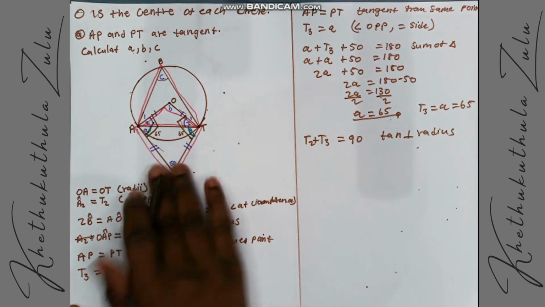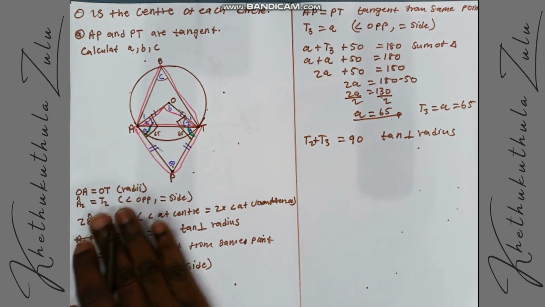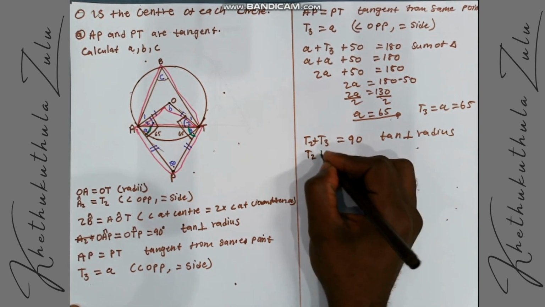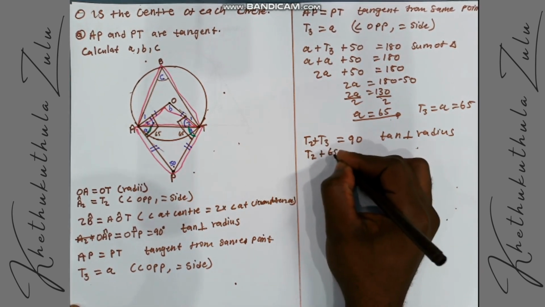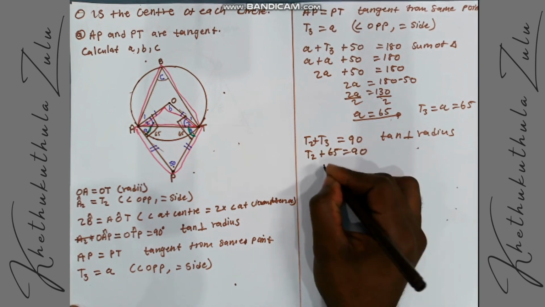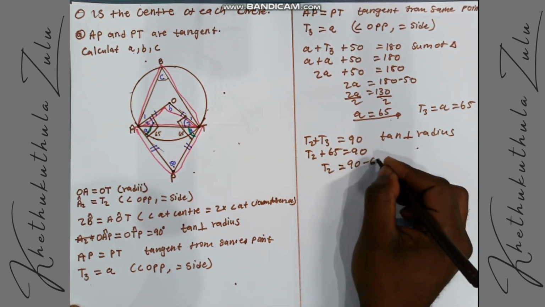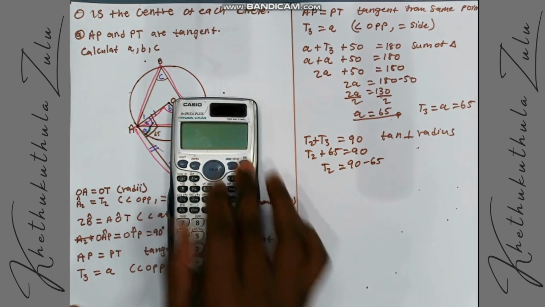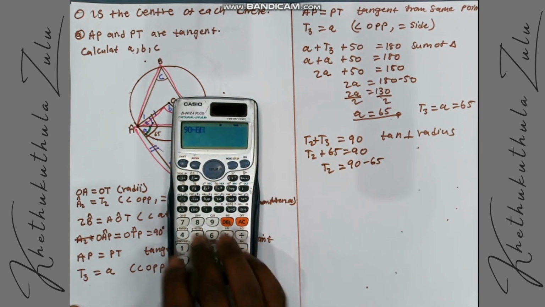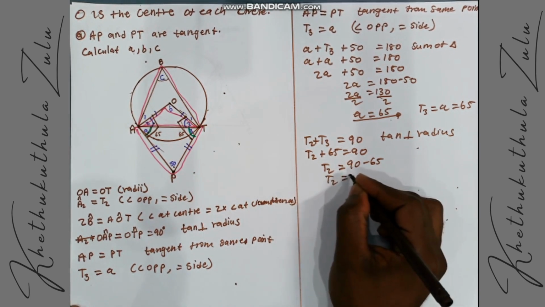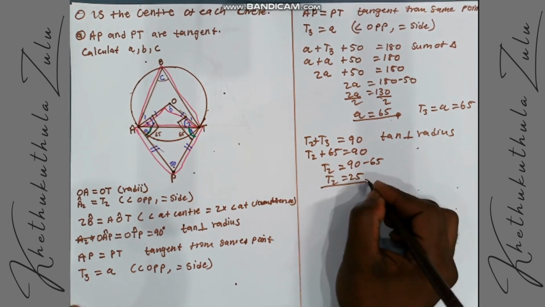This is our radius from our data that we collected here. Then T2 plus 65 is equal to 90, and T2 is equal to 90 minus 65, and 90 minus 65 is 25, so T2 is equal to 25.